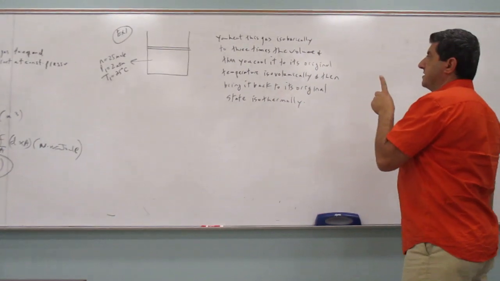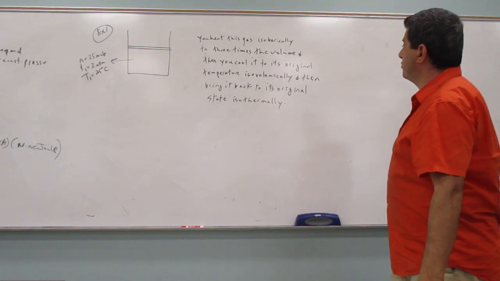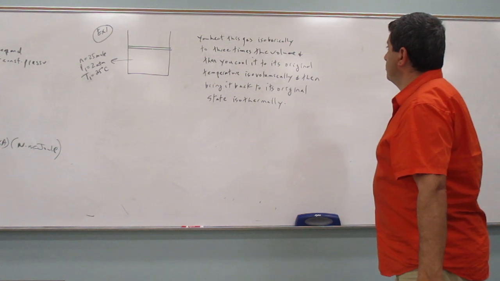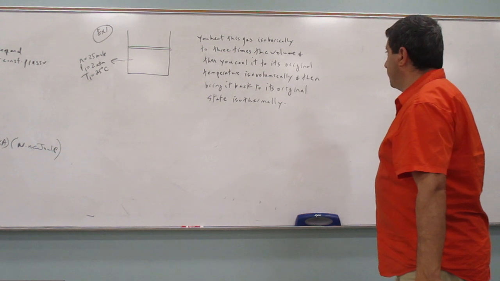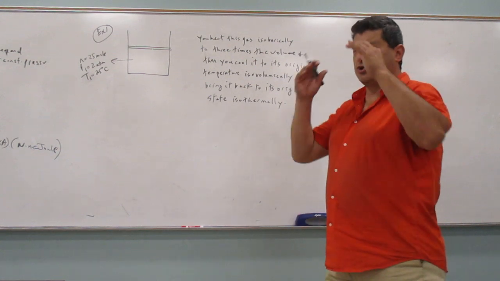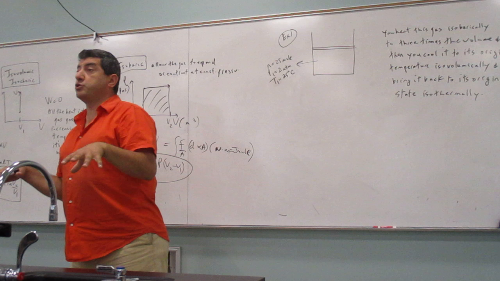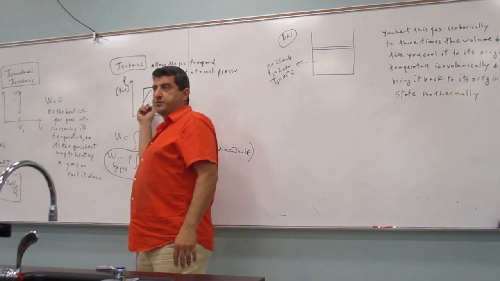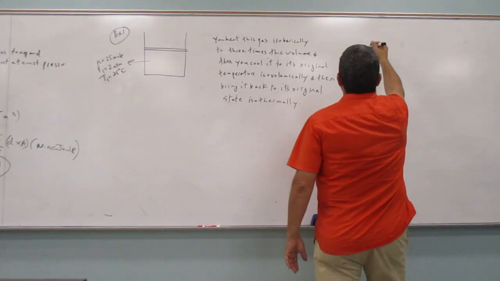So let's say you take the gas through these three processes. You heat the gas isobarically to 3 times the volume. Then you cool it to its original temperature isovolumically, and then bring it back to its original state isothermally. So as soon as you see those wordings, of course your brain is going to confuse what's happening. So you have to draw a graph to interpret what's happening. Otherwise you'll get completely lost.